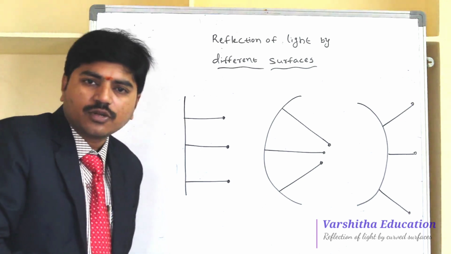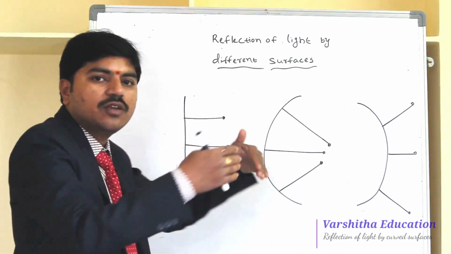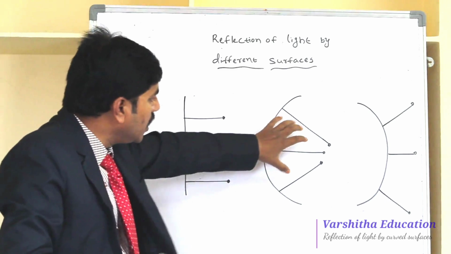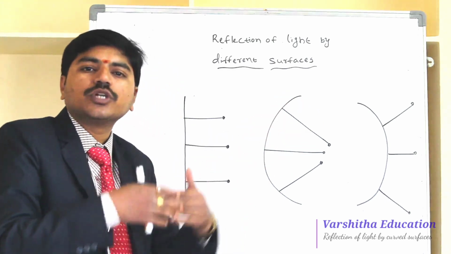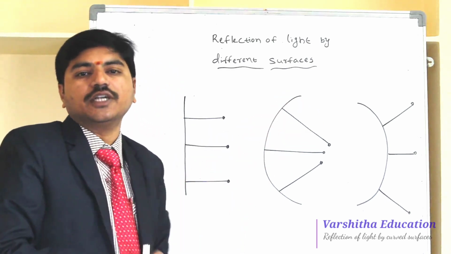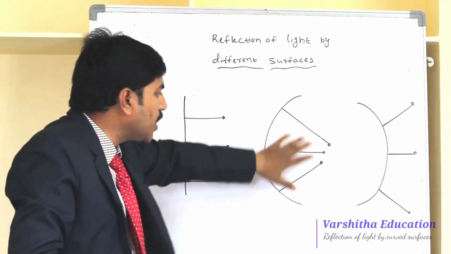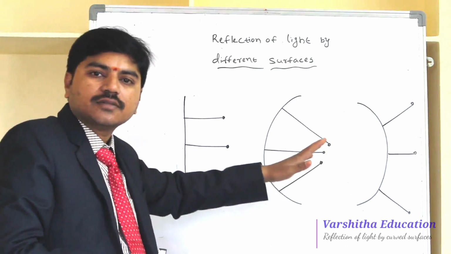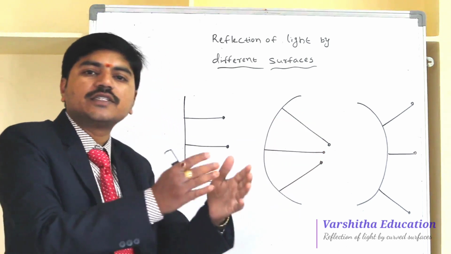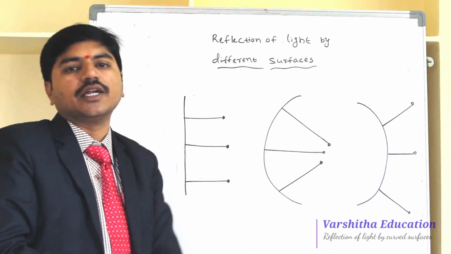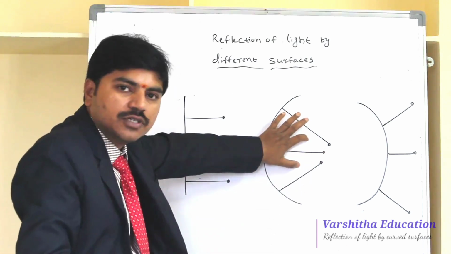So we conclude that if you curve inwards, all the pins come together. That is convergent. Convergent is nothing but collection: different directions of light come together and meet at a single point. We call it convergent.